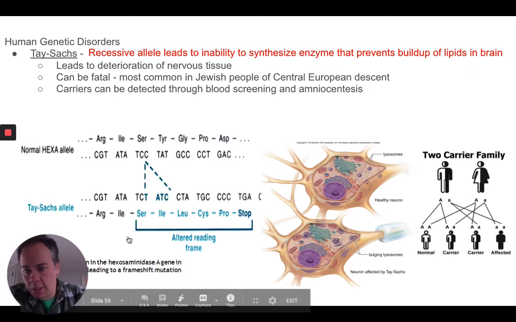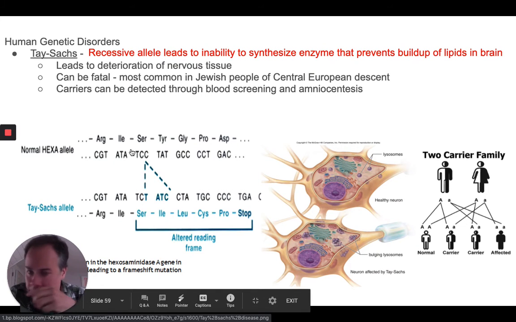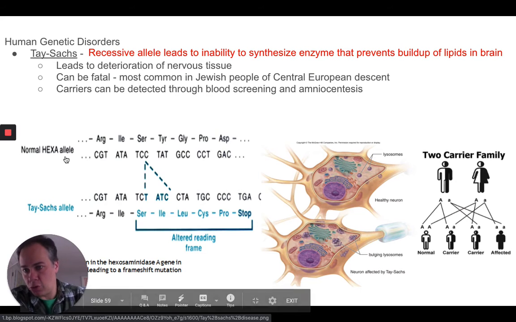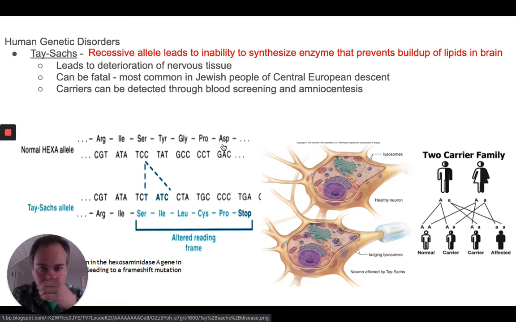You can see here we have the genetic sequence of the normal allele for this enzyme and the Tay-Sachs allele. And so what you're going to see here is typically the gene is TCCTAT. Well, what's happened is there is an alteration here in which a base has been deleted.